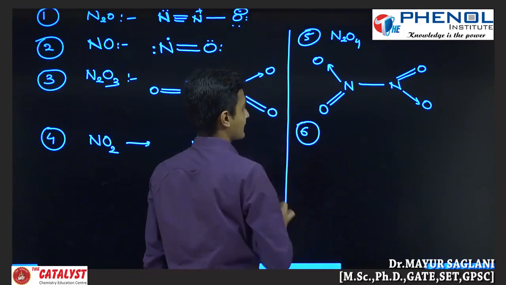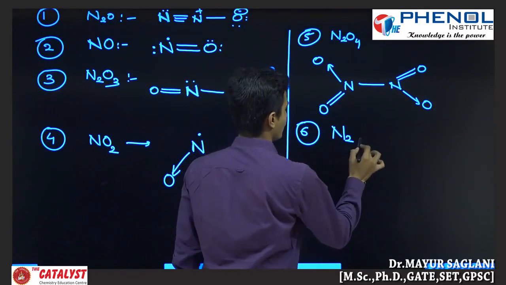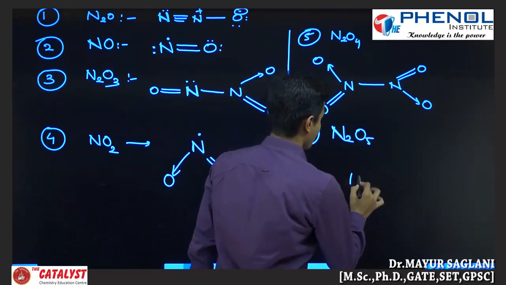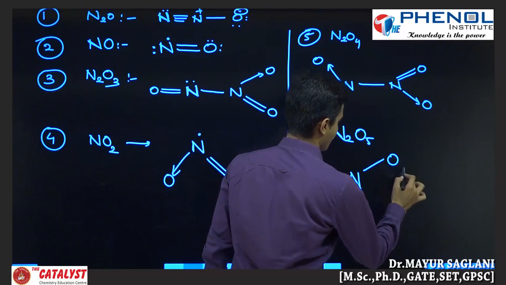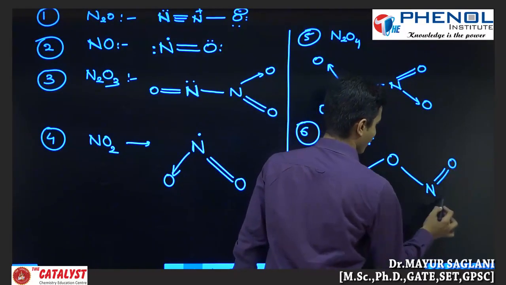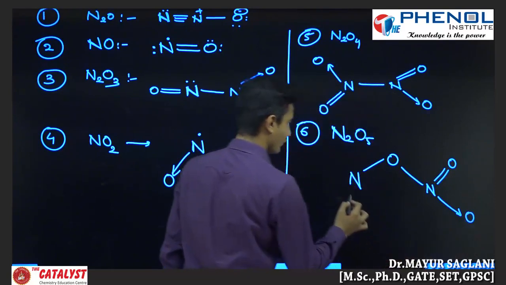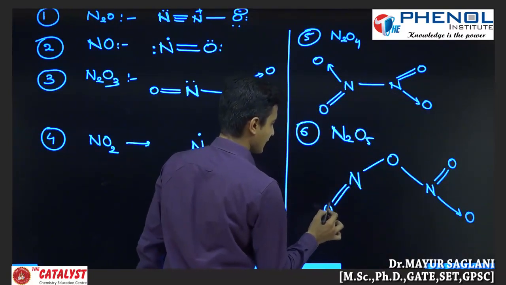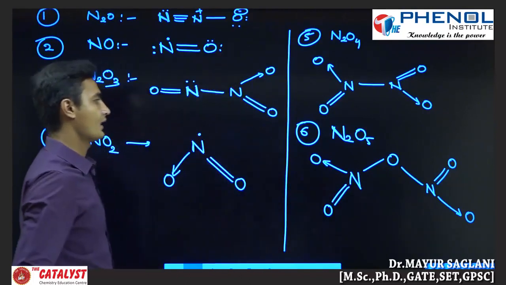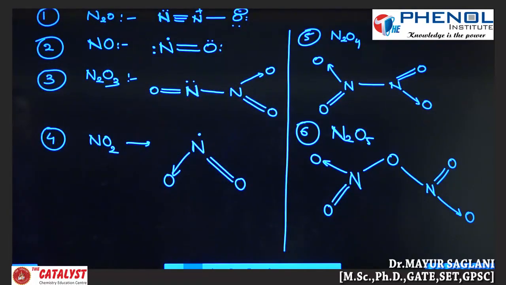And the last oxide, that is N2O5. There will be an N-O-N bond with N double bond O, covalent coordinate bond O, likewise double bond O, covalent coordinate bond O. So these are the structures for nitrogen's oxides.